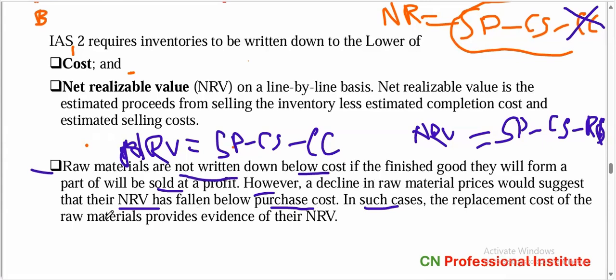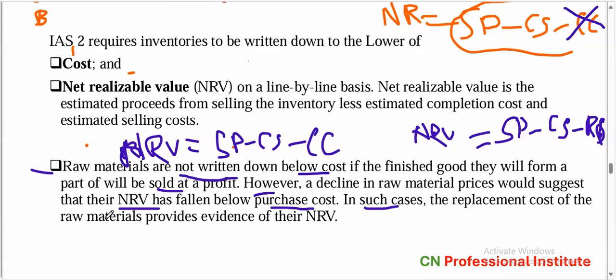The standard is saying that if there's a decline in raw material prices, and we realize that this reduction will suggest that the net realizable value has fallen, then we would need to write down the raw materials.